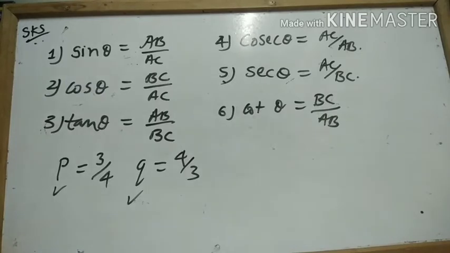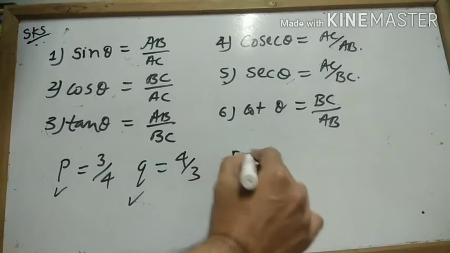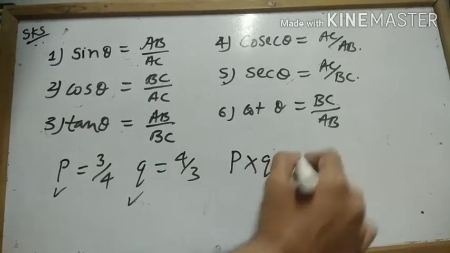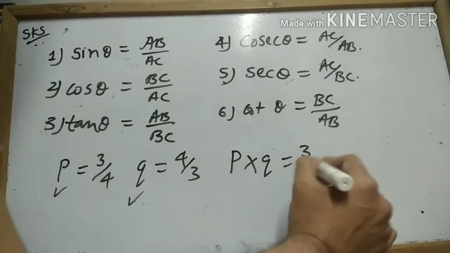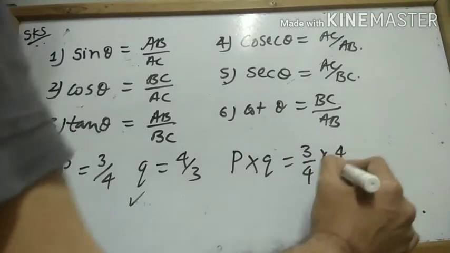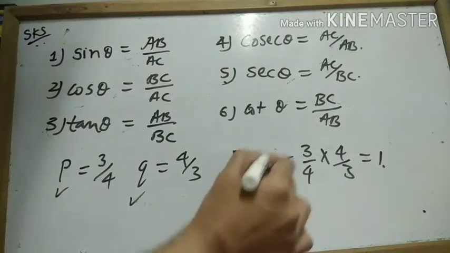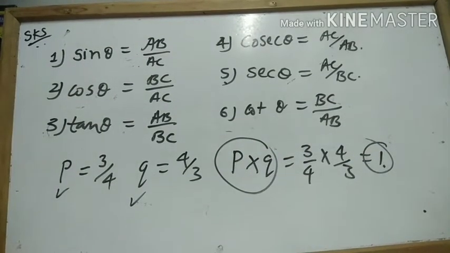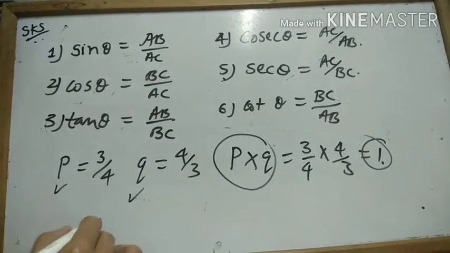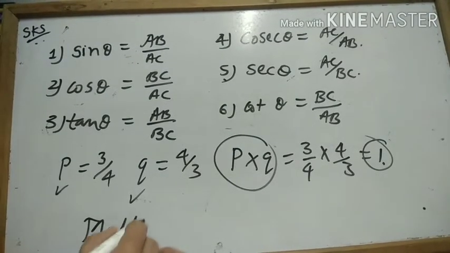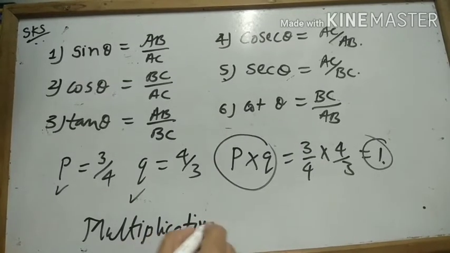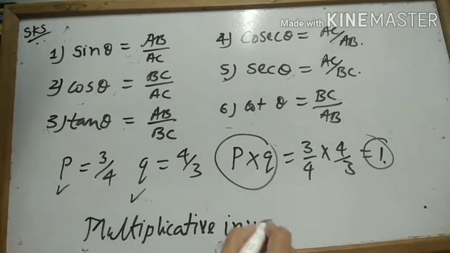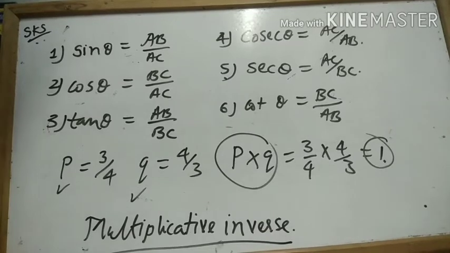If I multiply p into q, then my final result will be equal to 1. So if the product of two numbers is equal to 1, then they are called multiplicative inverses of each other. So p and q are multiplicative inverses of each other.